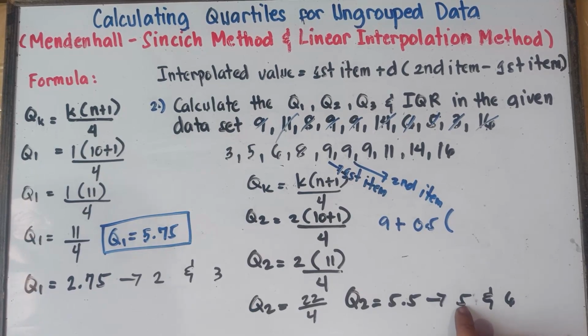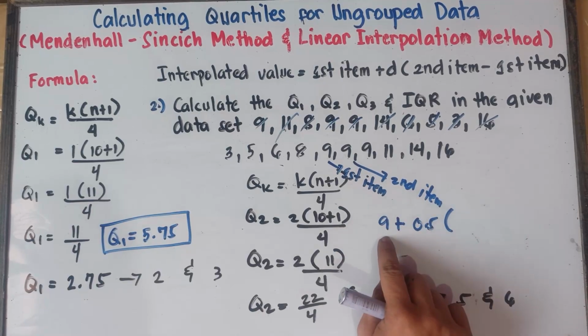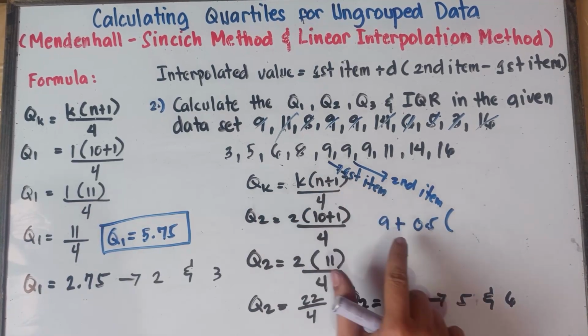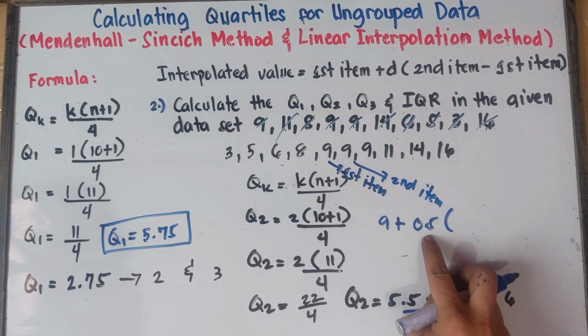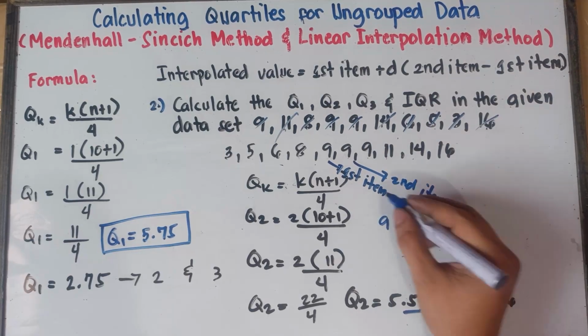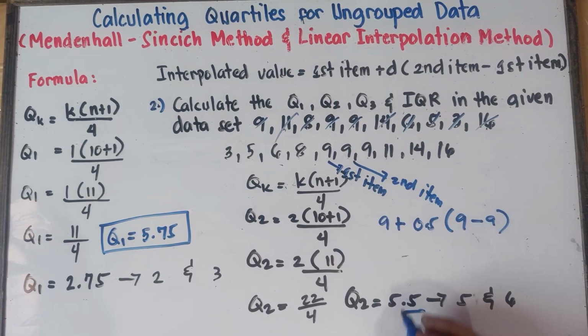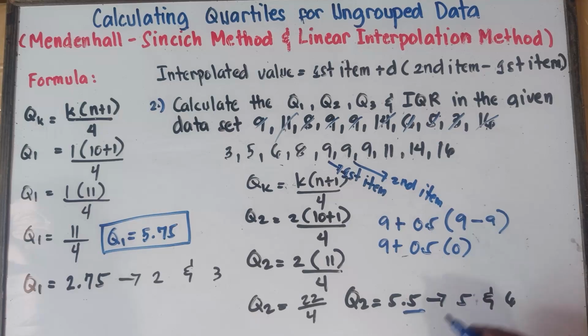The fifth position is your first item, the sixth is your second item. So first item is 9, plus the decimal 0.5, times second item 9 minus first item 9. So 9 plus 0.5, times 9 minus 9, which is 0.